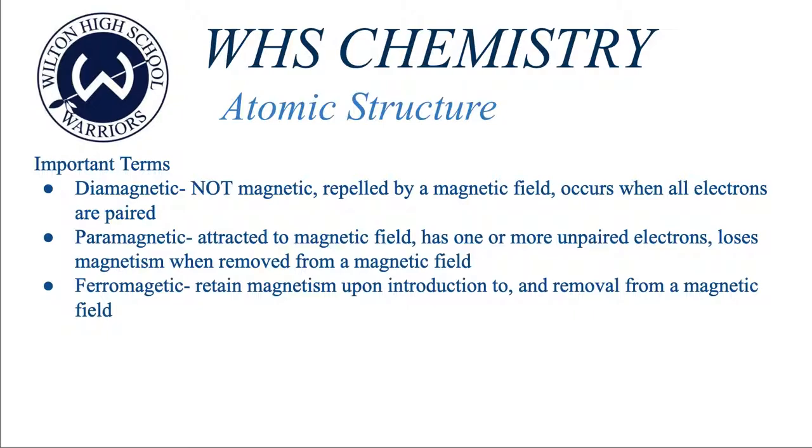However, it loses magnetism when it's removed from a magnetic field. And finally, ferromagnetic is something that retains magnetism upon introduction to and removal from a magnetic field. In other words, it's always magnetic, no matter if it's in a magnetic field or not.